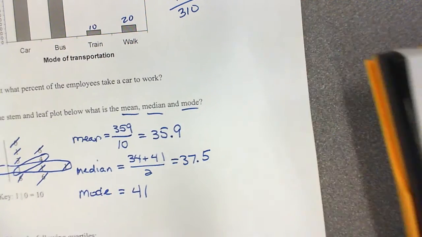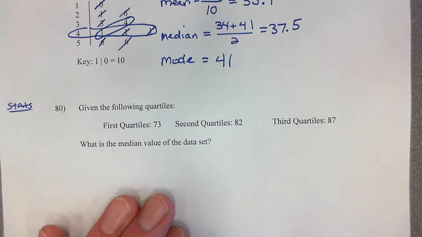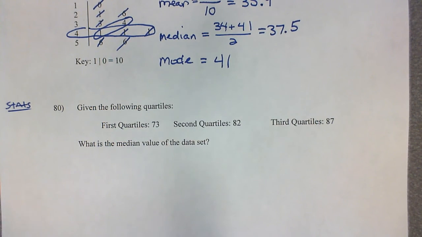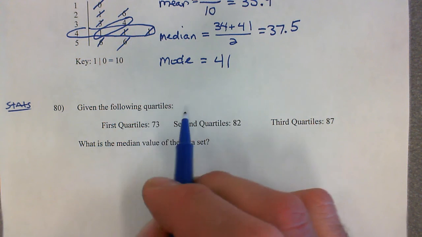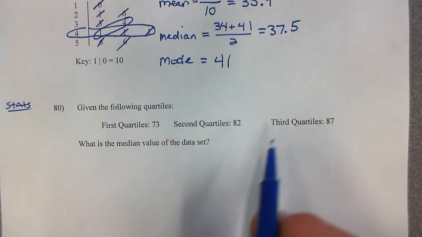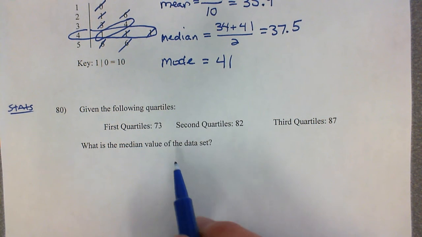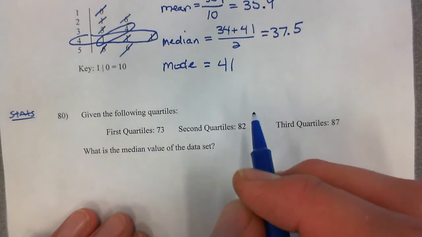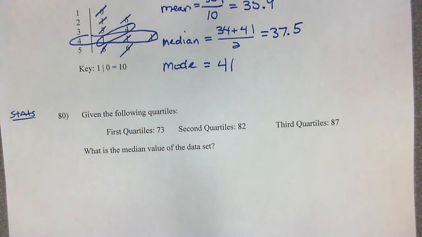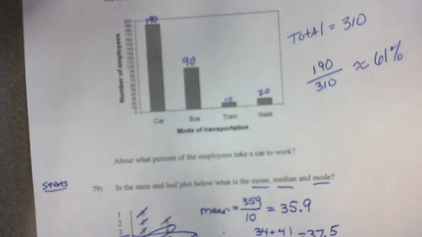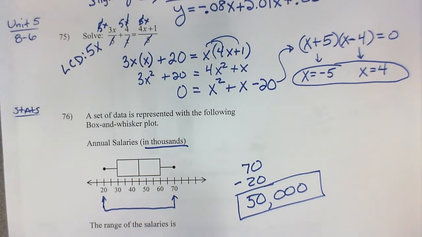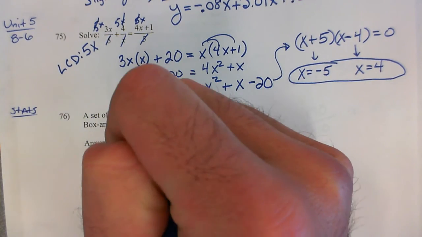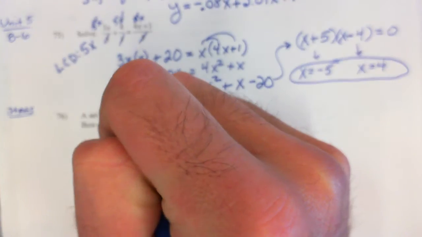Okay? And then on the last question, it says, given the following quartiles, first, second, and third quartile, what's the value of the median? And recall that on a box and whisker plot, which we had here on question 76, remember this is the median.